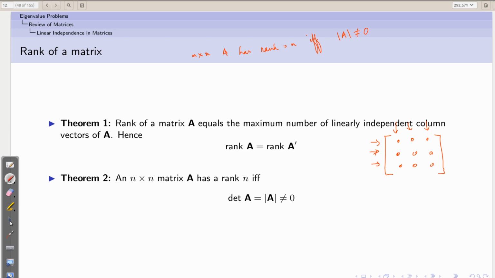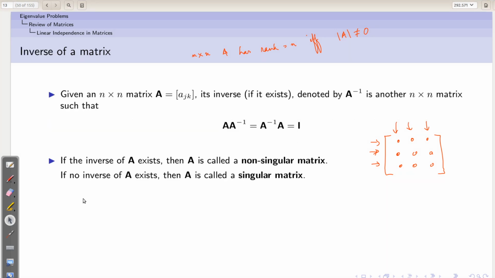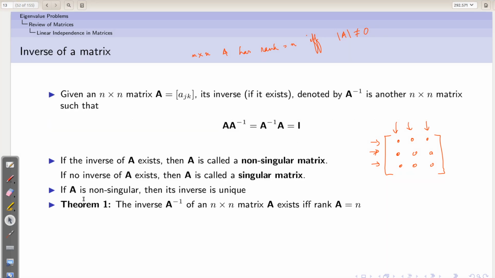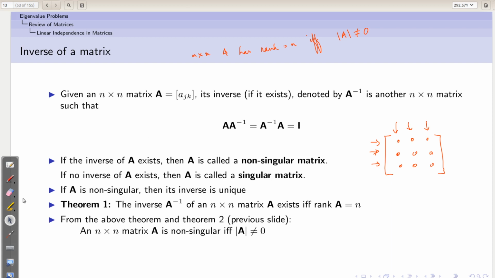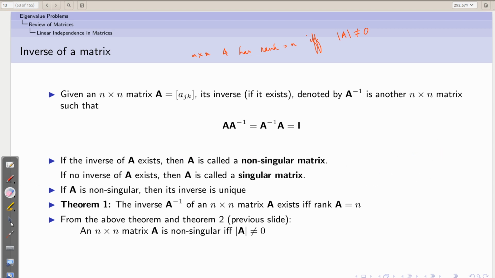So from theorem number 1, the inverse exists if and only if rank is n. And when is the rank equal to n?